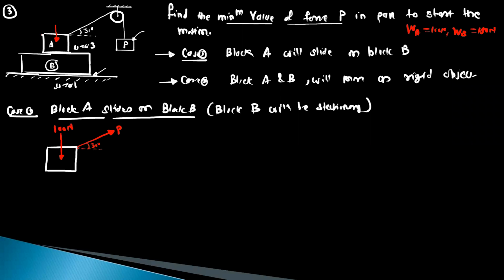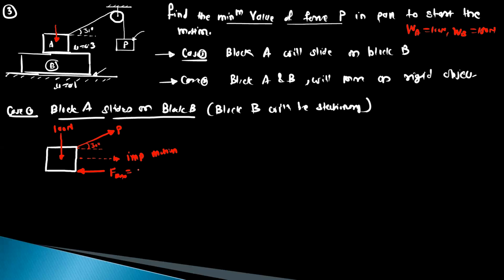So now what is the impending motion for the block A? Block A will have the motion on the right side. So this is the impending motion. So frictional force will be exactly opposite to the impending motion. So this is the frictional force, and this is the F max.